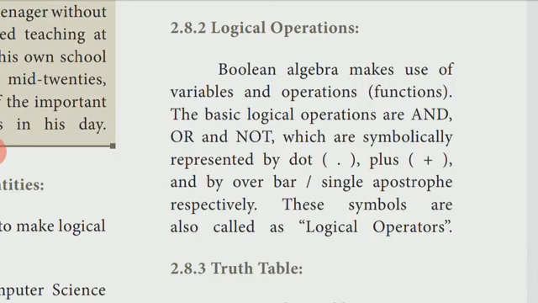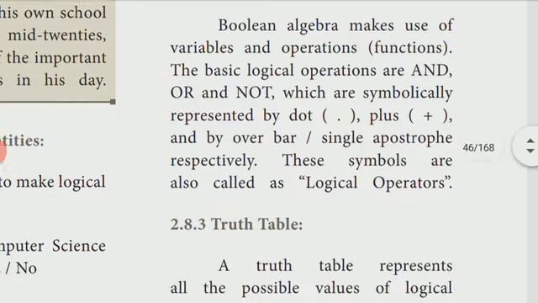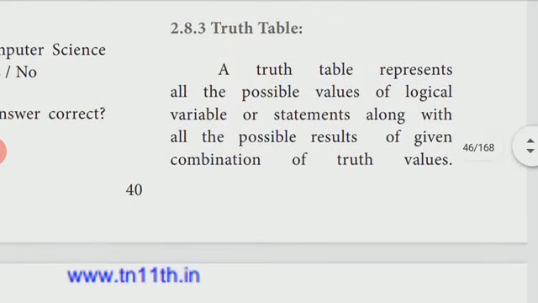For these operations we have some symbols also: plus, dot, and bar or single apostrophe. So these symbols we use as logical operators. Logical operations AND, OR, NOT; logical operators dot, plus and bar.